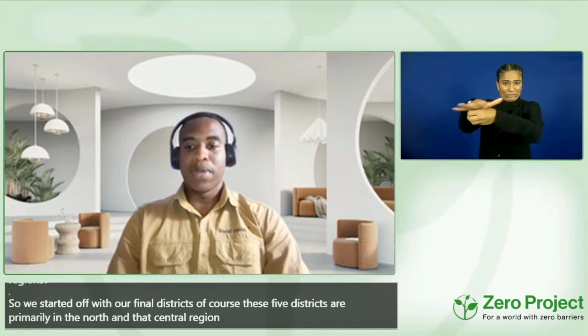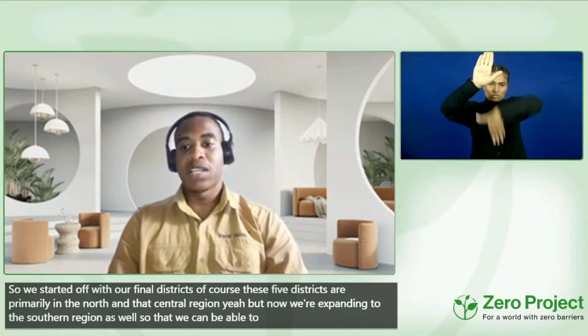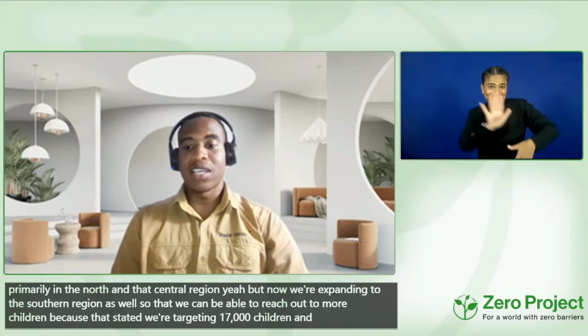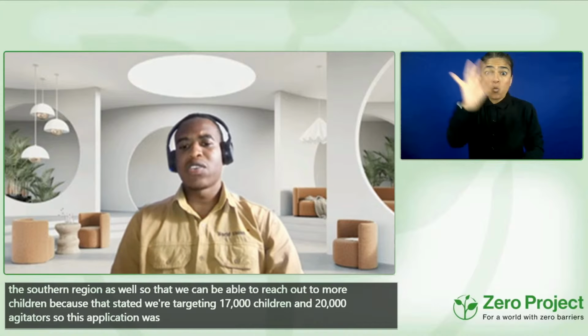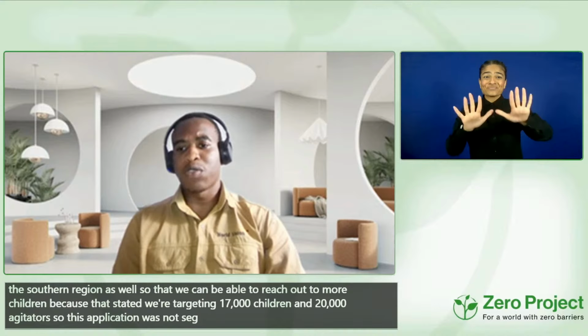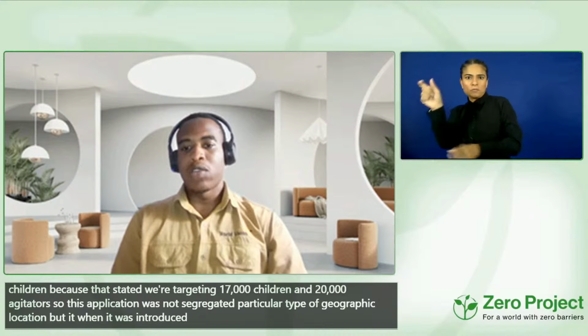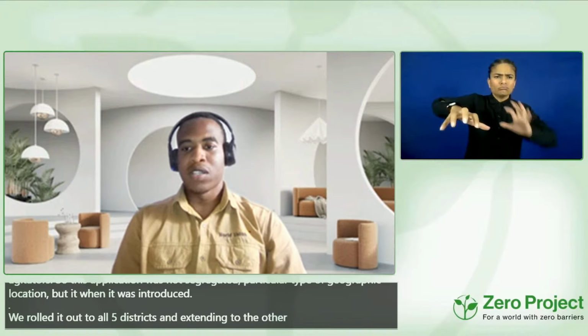Now we're expanding to the southern region as well so that we can reach more children, because like I stated, we're targeting 17,000 children and 20,000 caregivers. This application was not segregated to a particular type of geographic location, but when it was introduced, we rolled it out to all 5 districts and now we're extending to the other 5 districts.